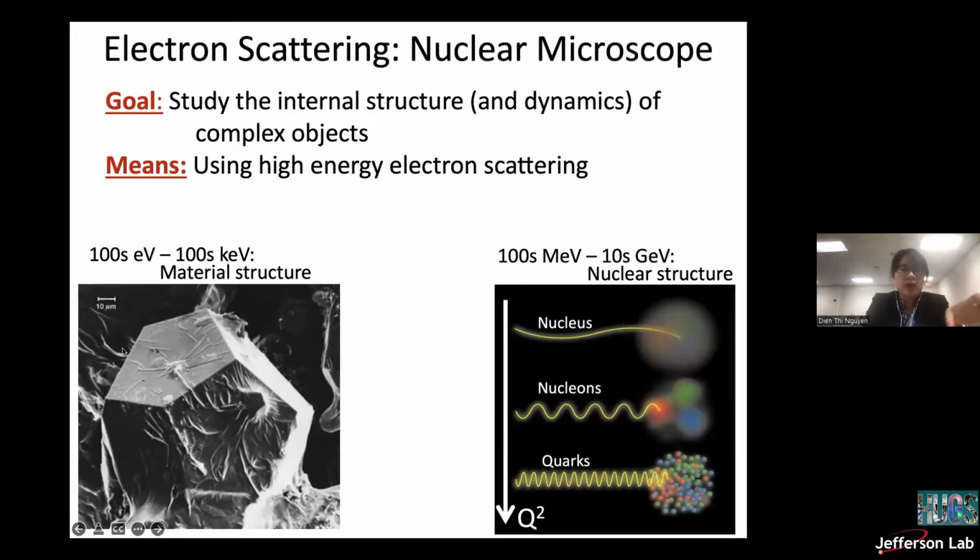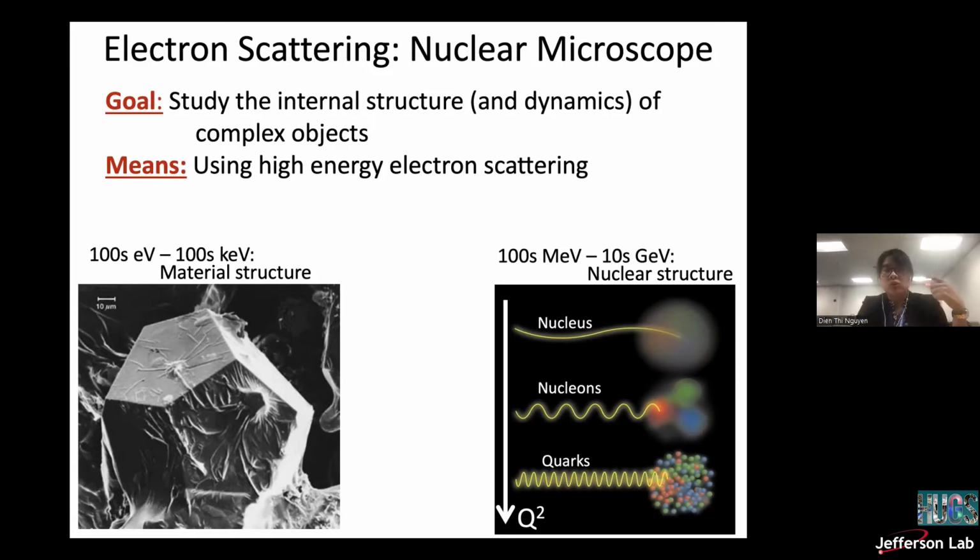Here, for materials and their structure, the resolution is around 100 eV to 100 keV. But with the nucleus, it's a much smaller structure, so we need a finer resolution scale. It is represented by the Q squared here. So for example, at one level of Q squared, you will be able to see the nucleus as a whole object itself, let's say.